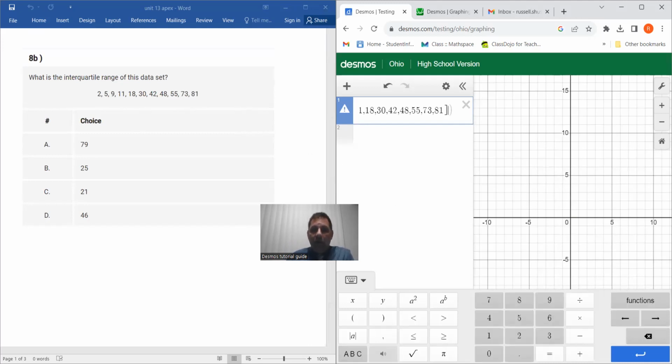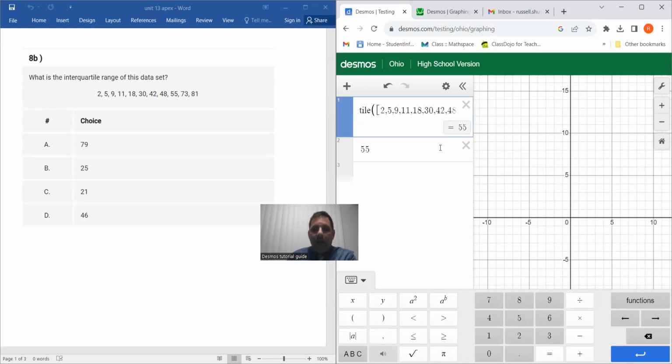So if we just go in here and we say, give me the third quartile, it tells me that that is 55. So again, it's quartile, parentheses. You put in all your data in these squared brackets. And when the squared bracket ends, put comma, and whether you want the third quartile or the first quartile. And in this case, we wanted the third. So that means we're going to go 55.